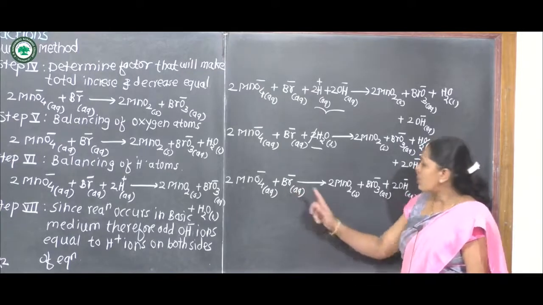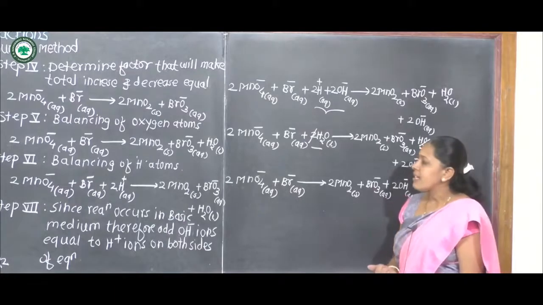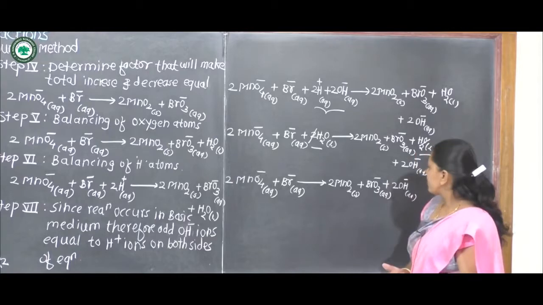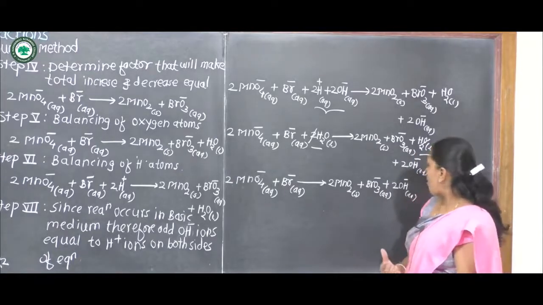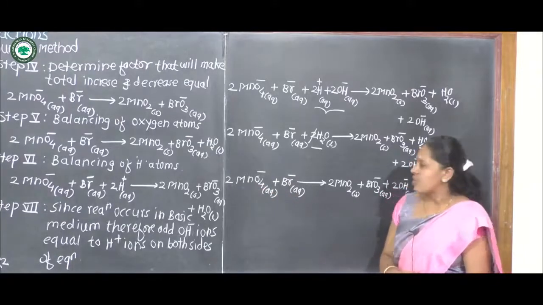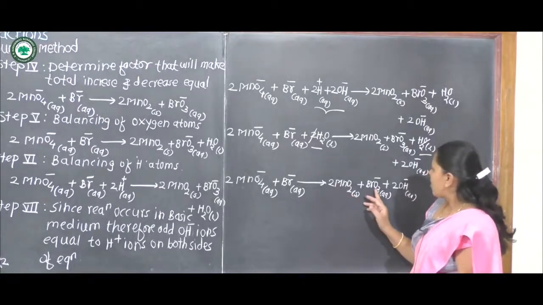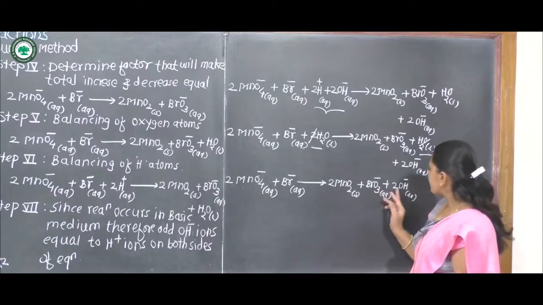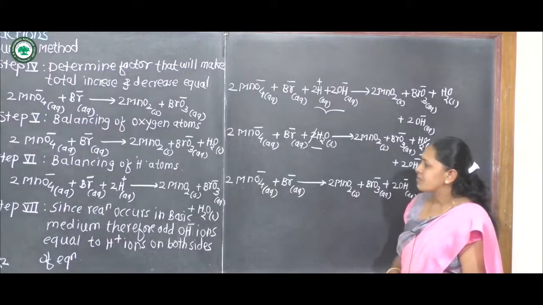Then 1 bromine and 1 bromine, so bromine is balanced. Next is oxygen.